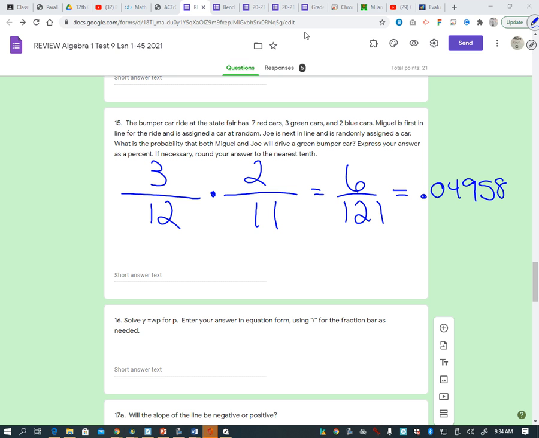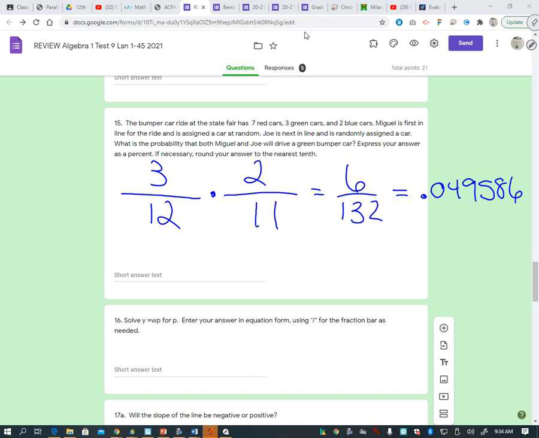Okay, we want this as a percent, so what you're saying is I need to multiply the decimal by 100, right? 11 times 11 is 121, so somebody gave me the wrong number there. 132.